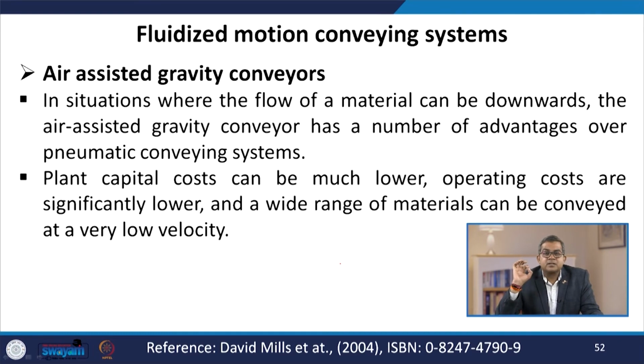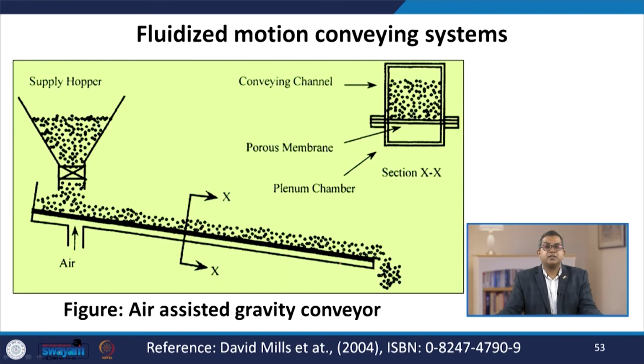Now, air assisted gravity conveyors: in situations where the flow of material can be downward, the air assisted gravity conveyor has a number of advantages over a pneumatic conveying system. The plant capital cost can be much lower, operating costs are significantly lower, and a wide range of materials can be conveyed at a very low velocity.